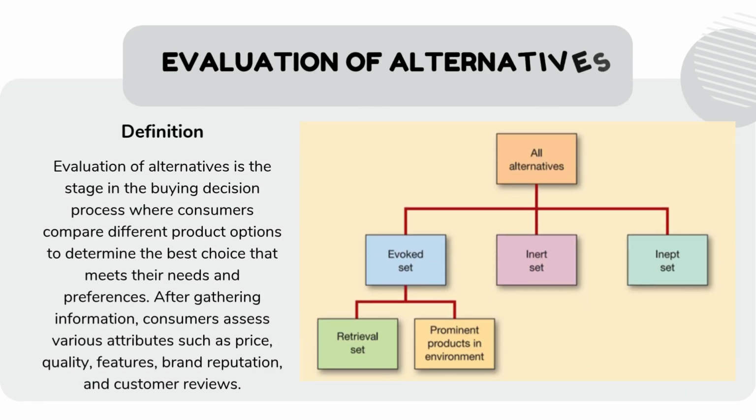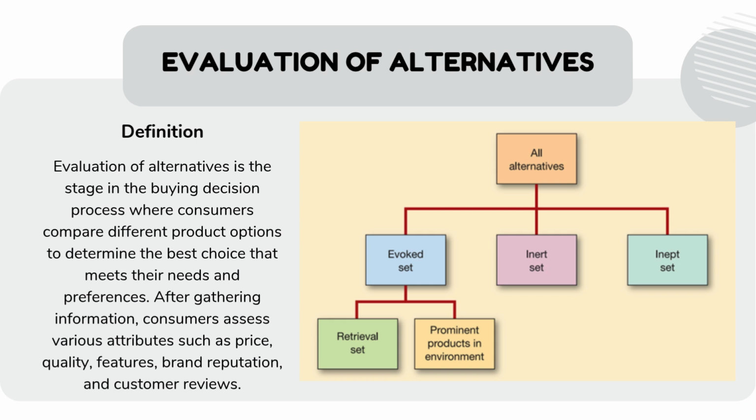Evaluation of alternatives is the stage in the buying decision process where consumers compare different product options to determine the best choice that meets their needs and preferences. After gathering information, consumers assess various attributes such as price, quality, features, brand reputation, and customer reviews.